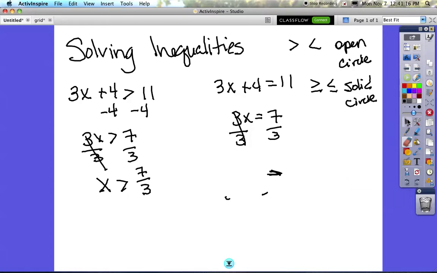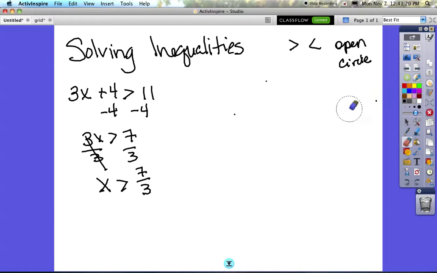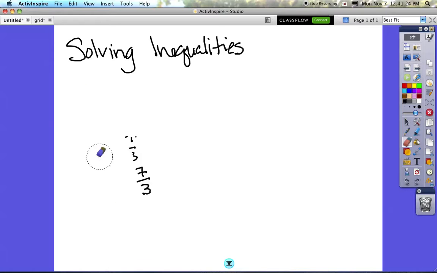So write this next one down. Y'all got the open circle, solid circle. Okay. Now, you may not like solving with the x on the right, but you're going to have to get used to it.